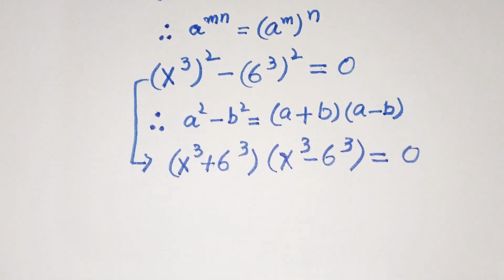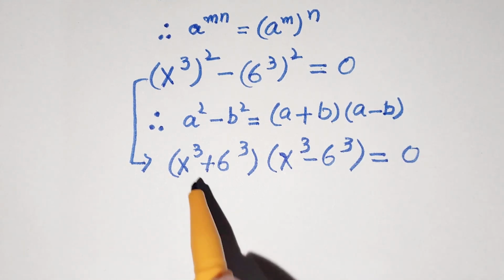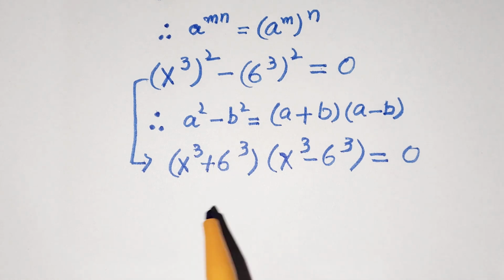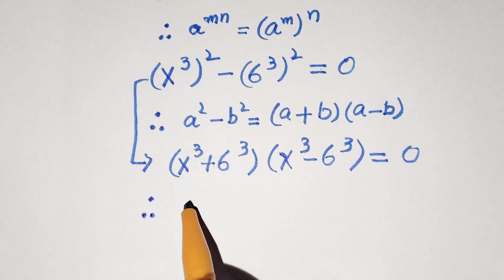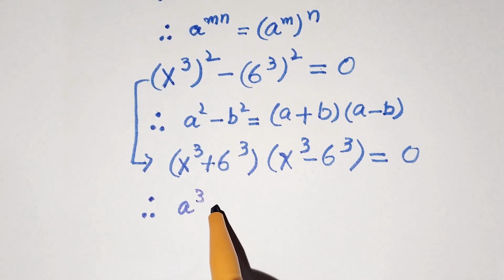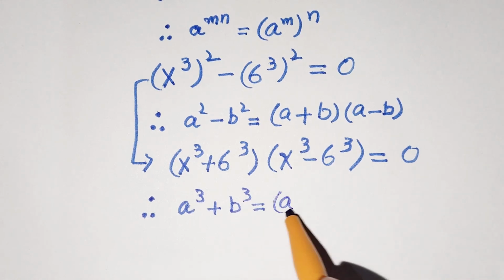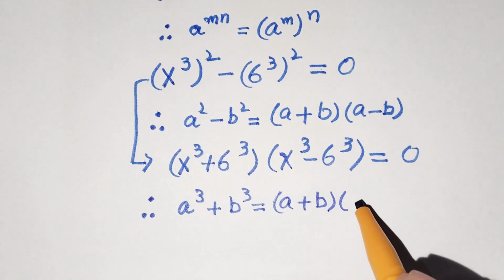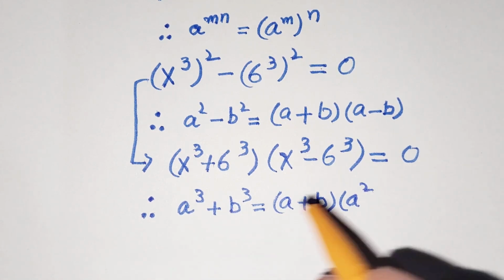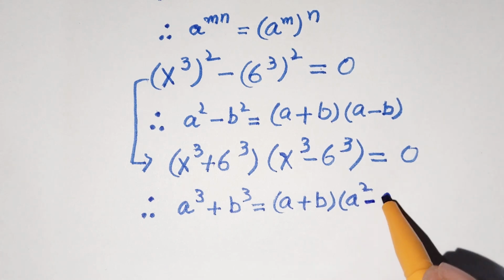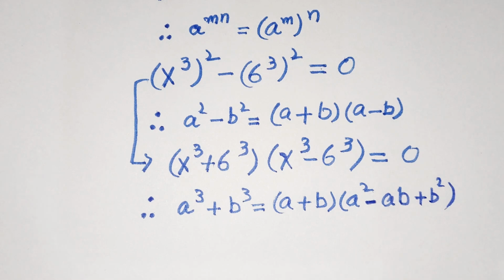Now x cube plus 6 cube is also an algebraic formula, a cube plus b cube. Using the formula, a cube plus b cube can be written as a plus b times a square minus a times b plus b square.